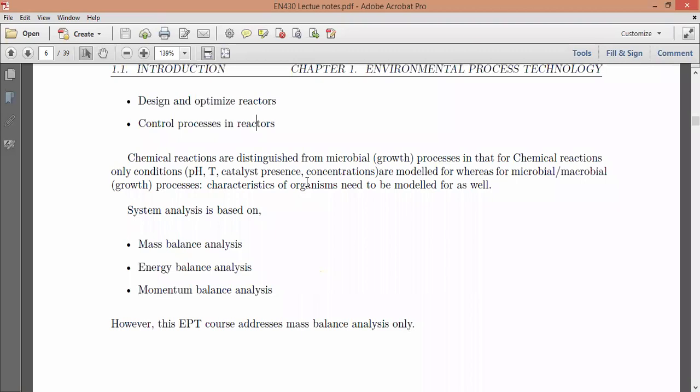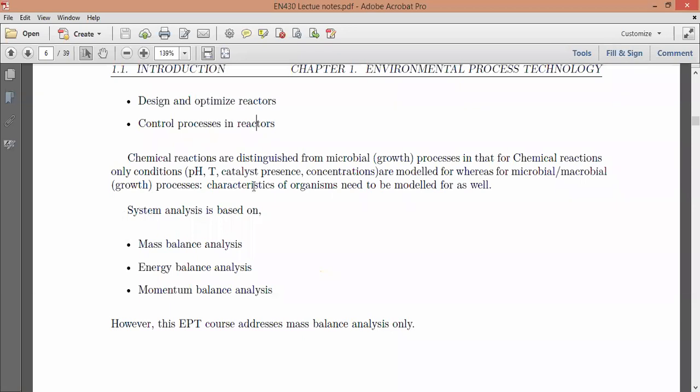When you're looking at microbial processes, your approach is different from when you're looking at chemical reactions. Chemical reactions are easier because you're only looking at conditions such as pH and temperature and catalyst presence as well as concentrations. For microbial, they're a bit complex because you have to look at the nature of the organisms that you are dealing with.